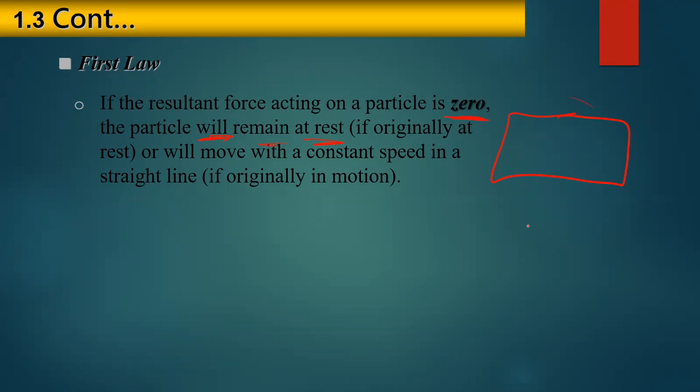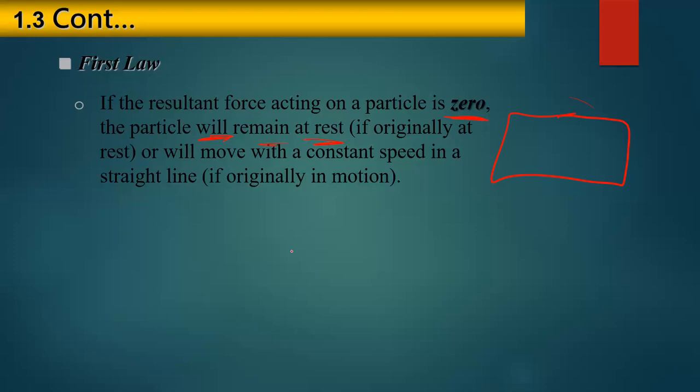If nothing has disturbed that given particle, which is at constant speed, the speed will be maintained and it will continue in its straight line motion. That's what it means.